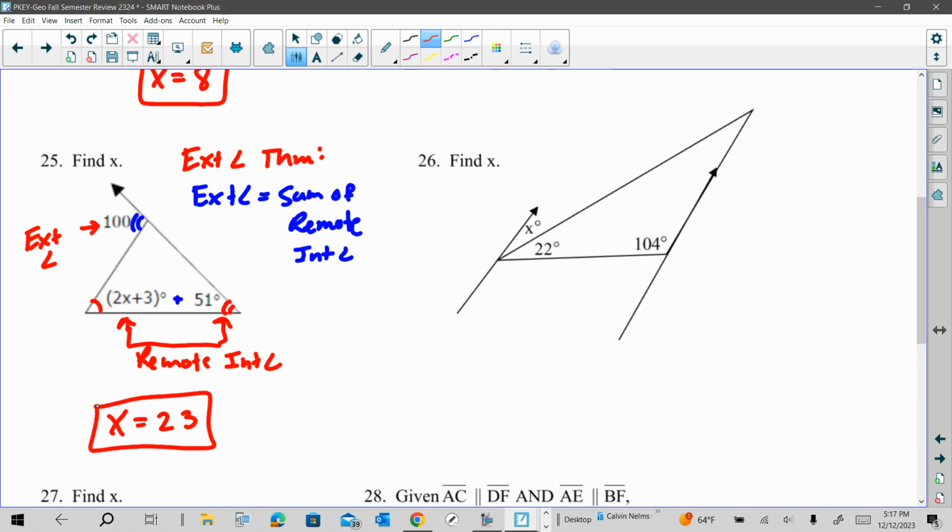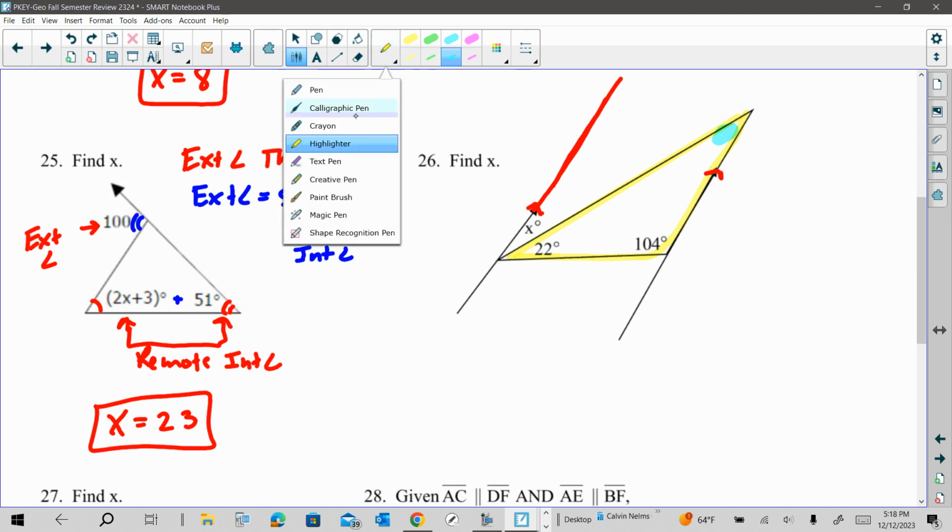Now, it doesn't look like it with these arrows here on 26, but it's trying to let you know that you have some parallel lines. So even if I want to extend this line, I could do a better job of that. Extend the line. Okay. To solve for x, you will need to use the triangle that you have here. With that triangle, you should be finding this missing angle in this corner.